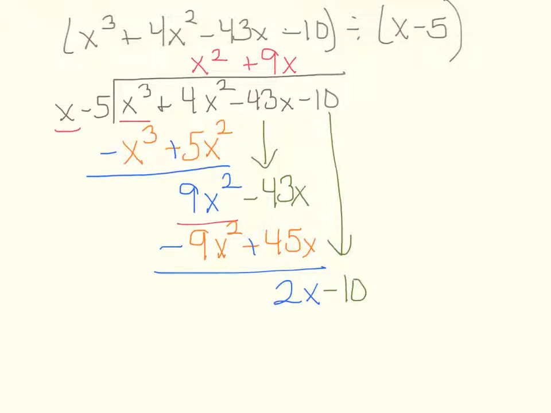And then we repeat, go back to the beginning and divide again. Now we're doing 2x divided by x, which is 2. And we multiply. 2 times x minus 5 is 2x minus 10.